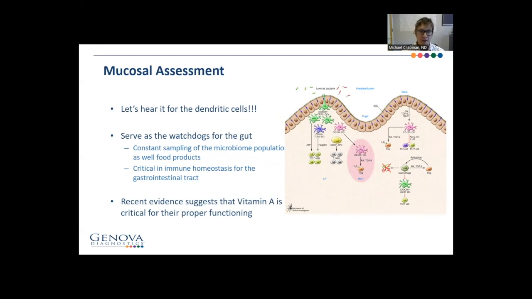They're constantly sampling the microbiome population. They're sampling what foods you eat. And from a clinical perspective, there's actually some recent evidence suggesting that vitamin A is very important in proper functioning for mucosal assessment and dendritic cells. So you probably haven't heard that one. It's maybe something to keep in your back pocket as well.